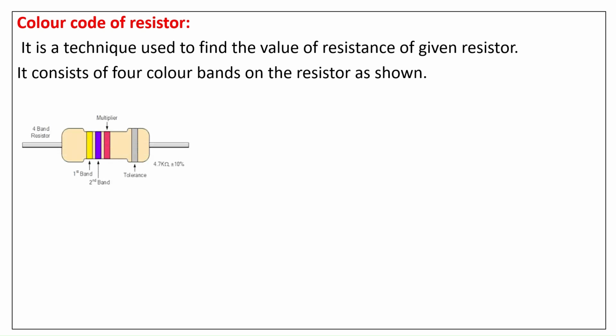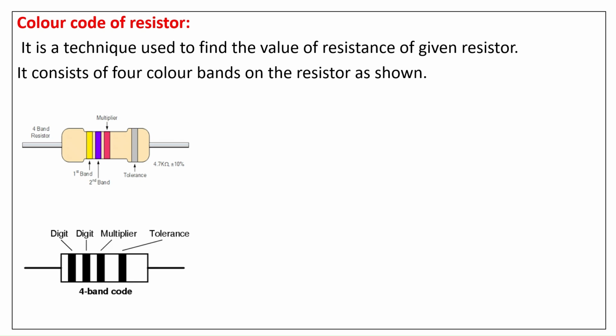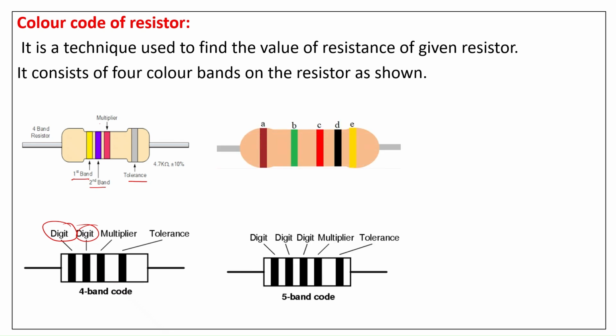Resistors are again classified as 4-band resistor. It consists of 4 color bands on it. Here the first two color bands indicate the first and second digits, respectively. The third color band indicates the multiplier, and the fourth color band indicates the tolerance. Similarly, a 5-band resistor consists of 5 color bands on it. Here the first 3 color bands indicate the first, second, and third digits, respectively.